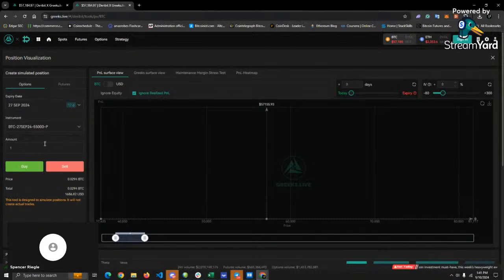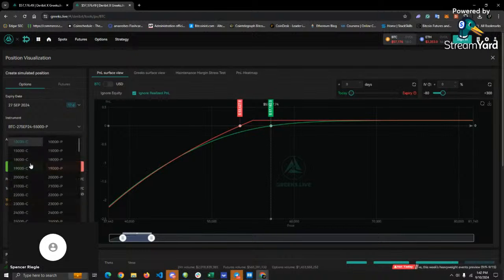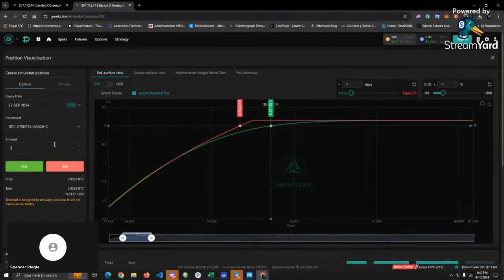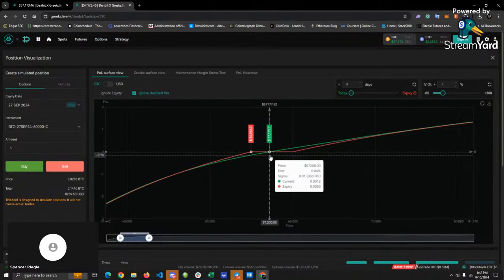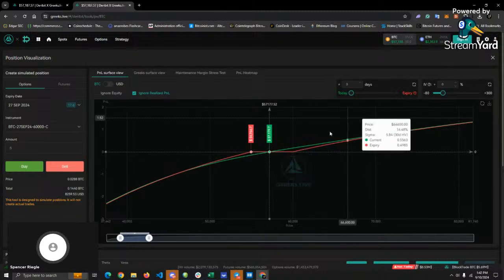And let's say we'll sell 5 of those to finance 5 buys of the 60s, right? And that's at relatively zero cost. You can see the 0.003 Bitcoin as the expiration expectation for that risk reversal.